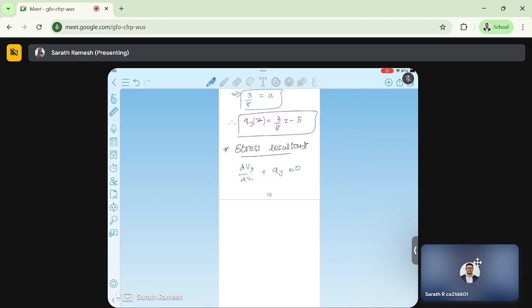So this implies dVy by dz equal to minus qy. Right. So this implies dVy by dz equal to 5 minus 3z by 8. Okay. So this implies Vy equal to 5z minus 3z squared by 16 plus C1.